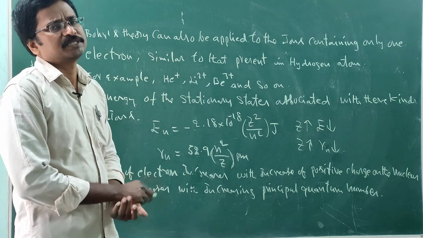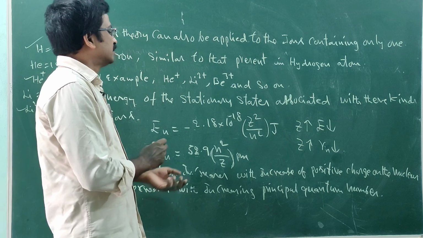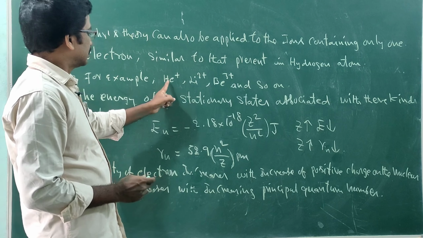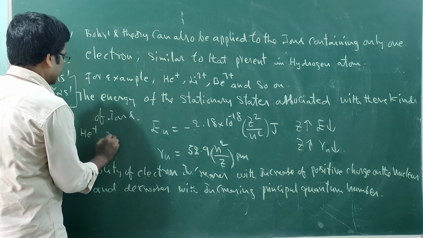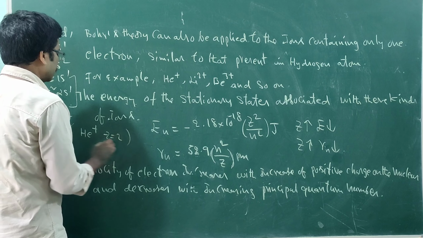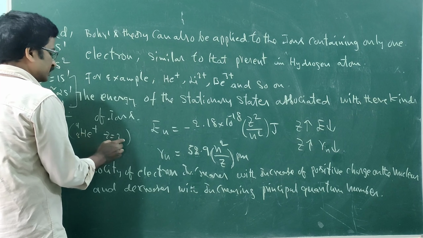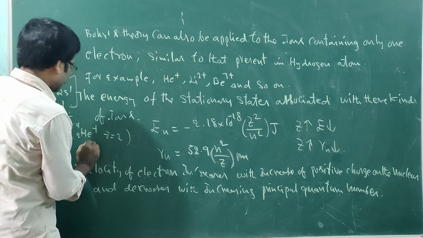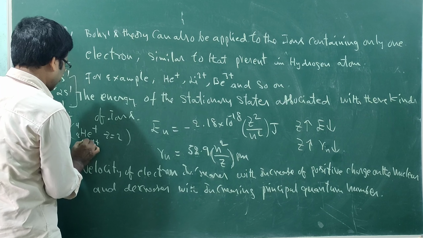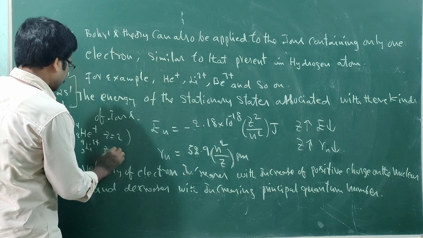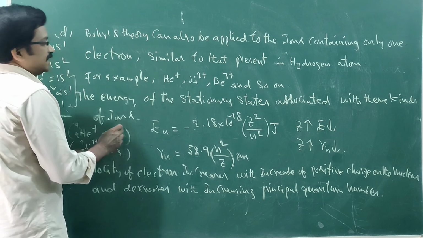What does Z mean? Z is the atomic number. For helium plus, Z is equal to 2. For lithium 2 plus, Z is equal to 3. So here the atomic number is the Z value.